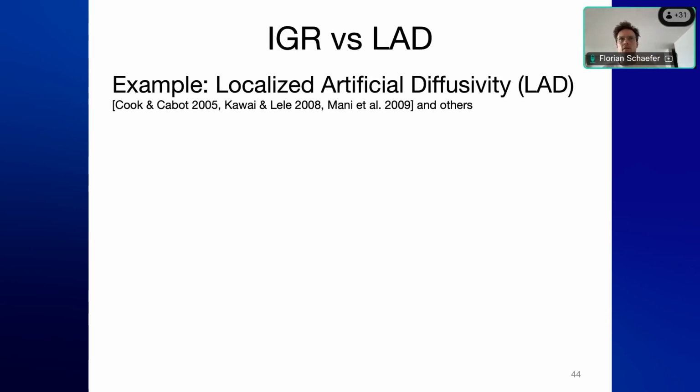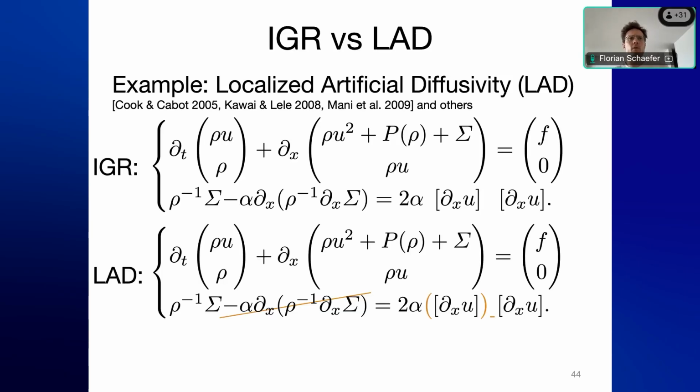And in fact, this local artificial diffusivity approach that I mentioned earlier is in some sense reminiscent of this. If you compare the two, the main difference is that local artificial diffusivity does not have this elliptic solve that is applied to the sigma. And instead of the partial xu, it only uses the negative part of the partial xu as a diffusion coefficient.